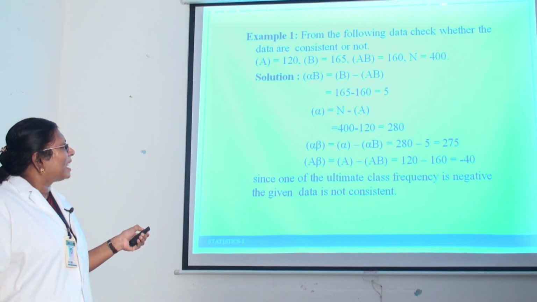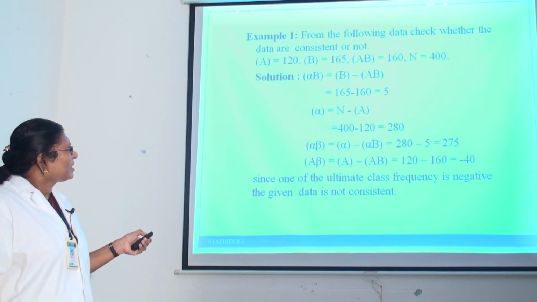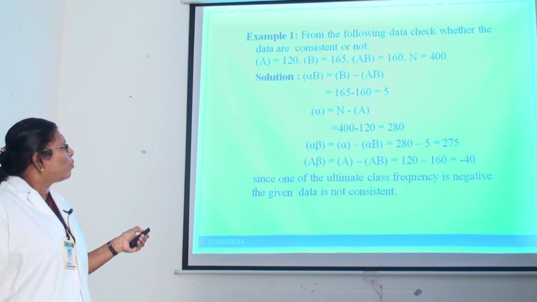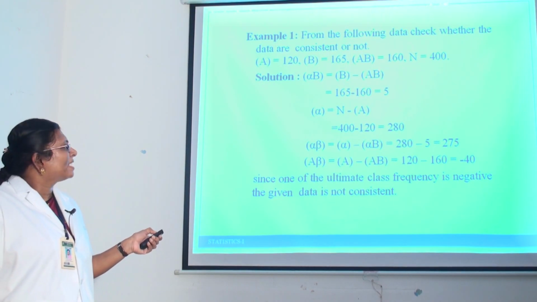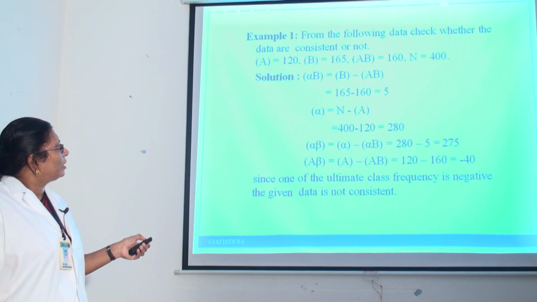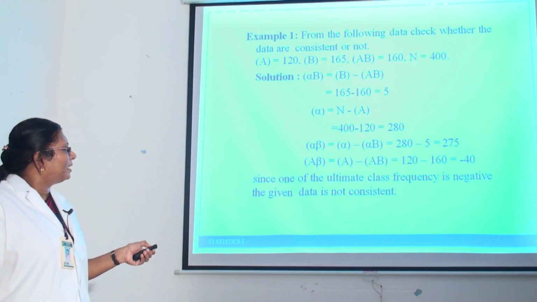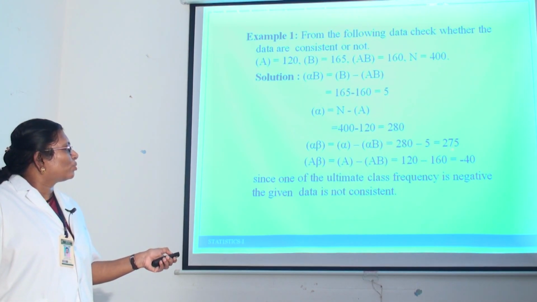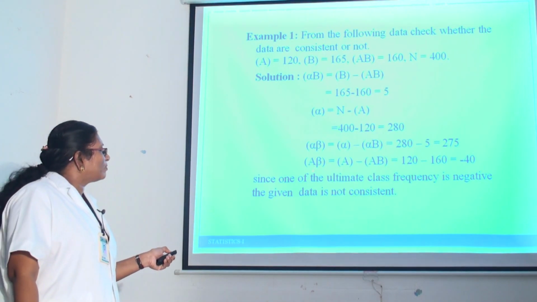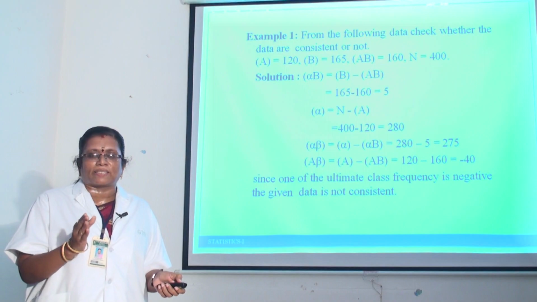So I am going with alpha B. How this class frequency B minus AB comes is, instead of alpha I can write it as 1 minus A. So the class frequency B minus class frequency AB, here we are getting the value as 5. Class frequency alpha we are getting 280, and alpha beta we are getting 275, and the class frequency A beta is deciding whether this is consistent or not.